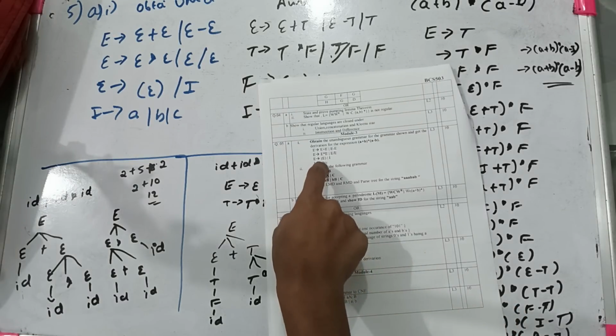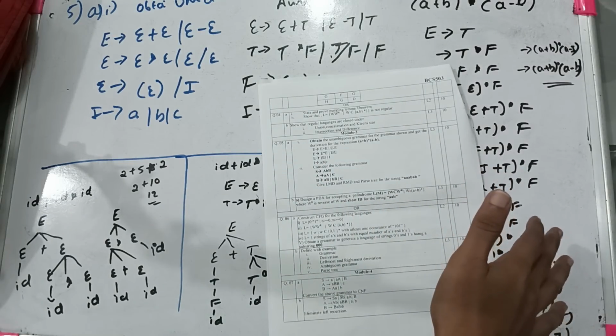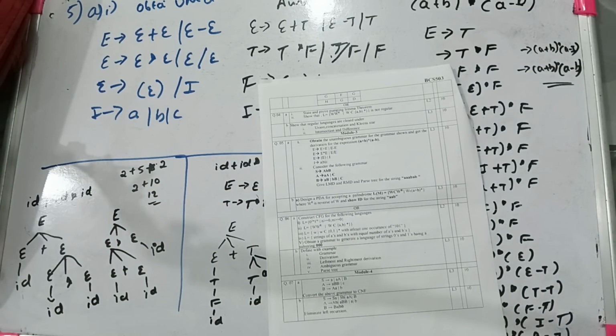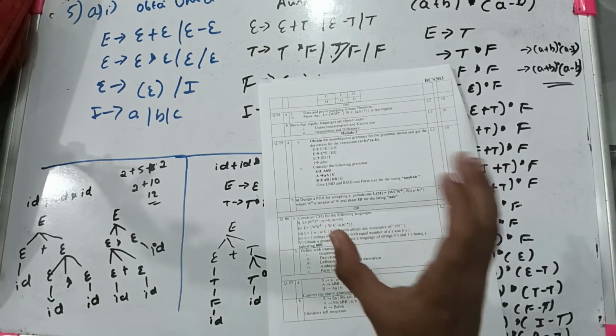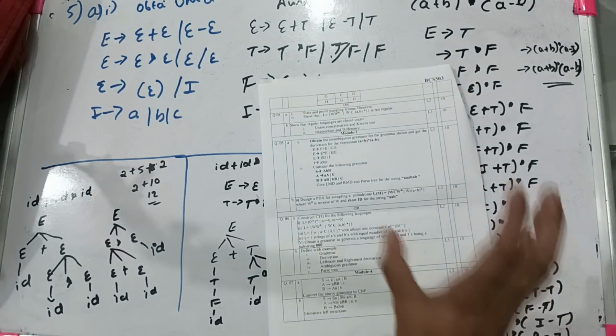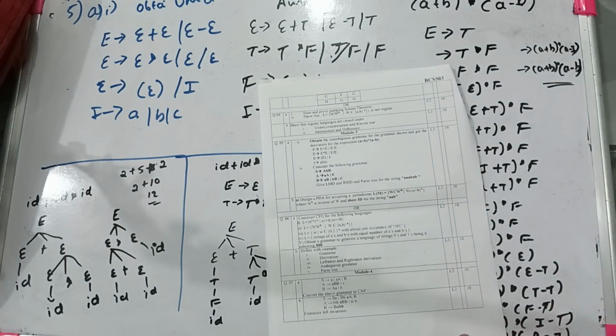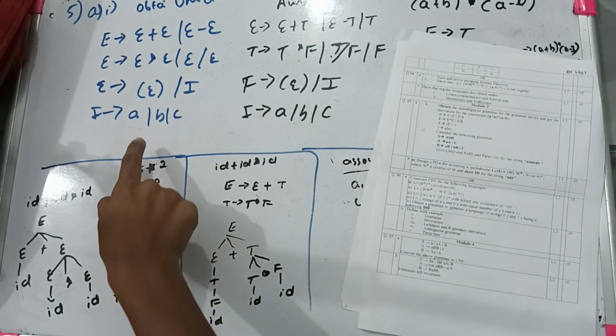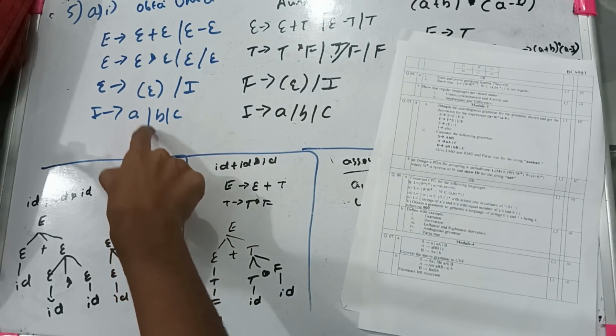So this is for 5 marks. I am not going in depth into what associativity and the precedence rule are. I will explain the answer as much as required, not in depth. So this is the given grammar and it is an ambiguous grammar.